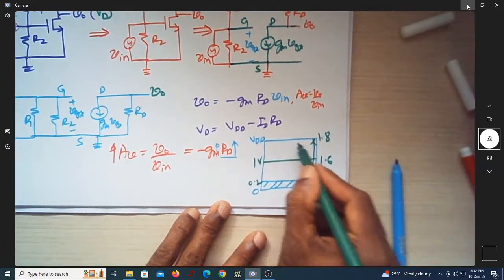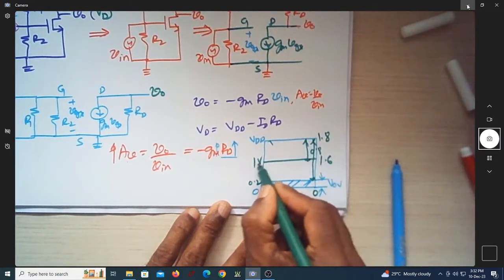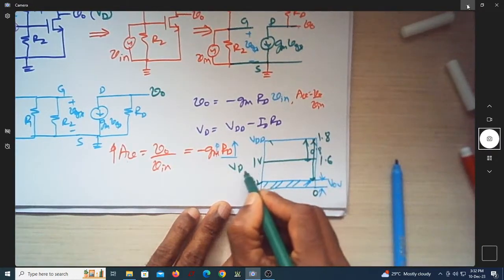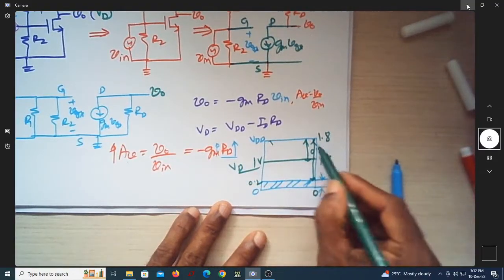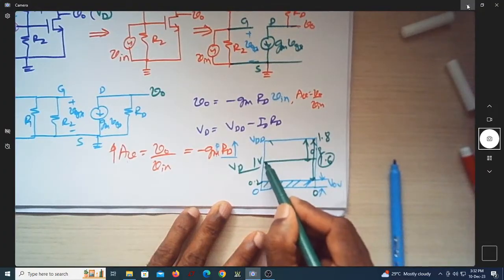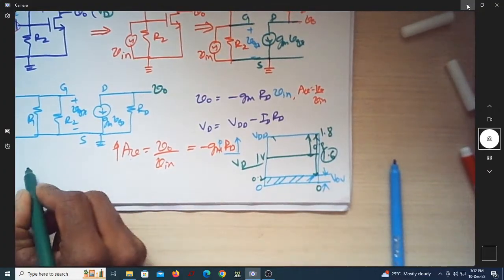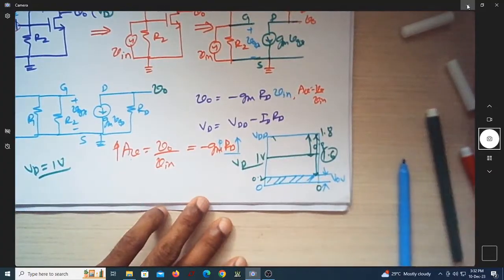So my VD should be 1 volt, so that if VD is equal to 1 volt, I can effectively utilize the swing.